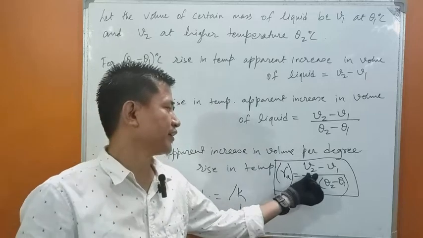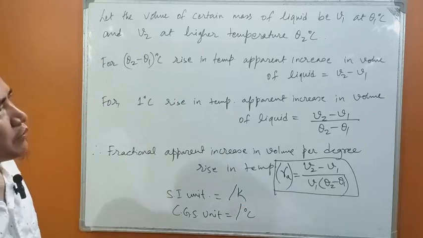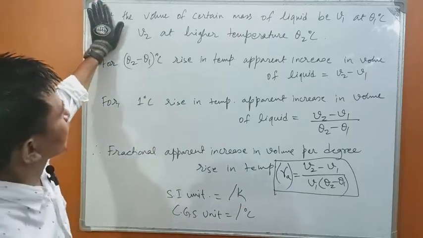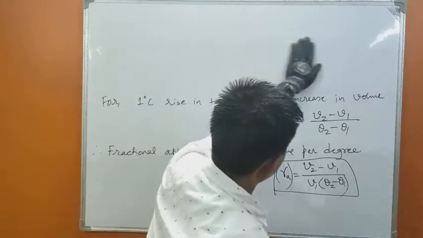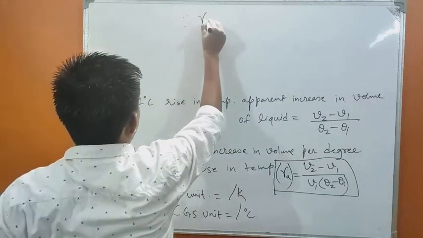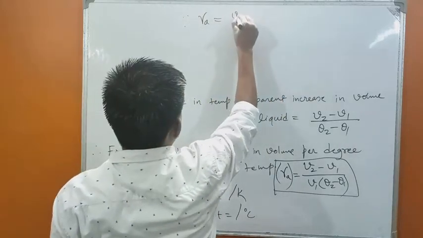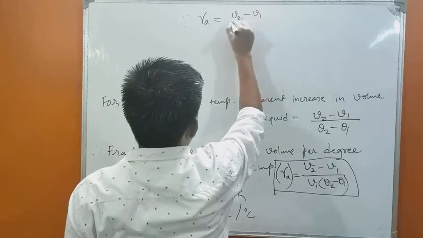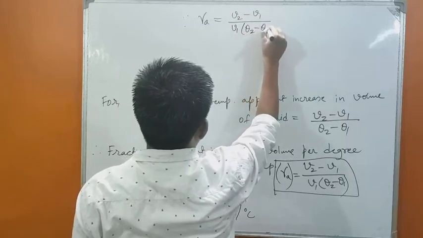Now let us find the new volume of the liquid, that is V2. Please take the screenshot of this. I am going to erase this. New volume of the liquid V2. Okay, since gamma A equals V2 minus V1 upon V1 into theta 2 minus theta 1, isn't it?